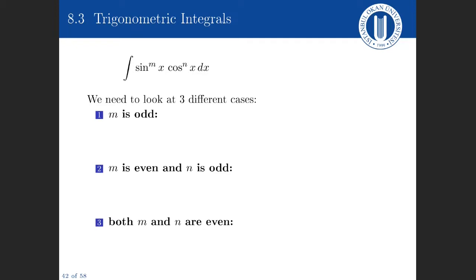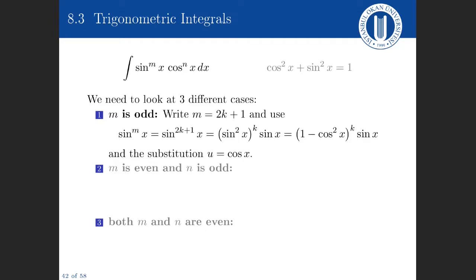Let's look at case 1 first. Let's suppose that m is an odd number. Then we can use this trick. If m is an odd number, then we can write it as 2k plus 1 for some integer k. And then we're going to split sine to the power 2k plus 1 up into sine squared to the power k, and then we'll have one more sine.